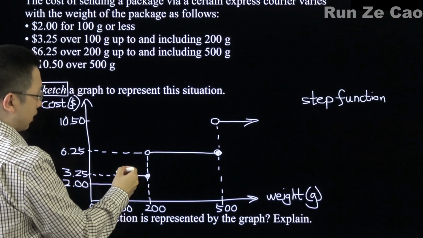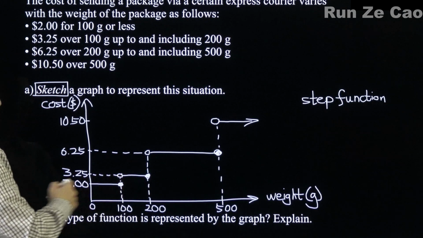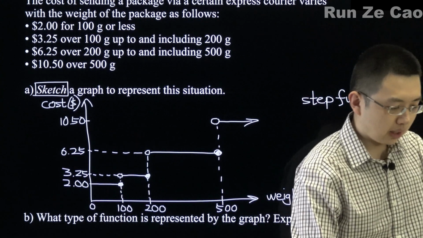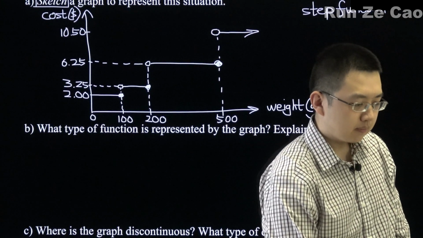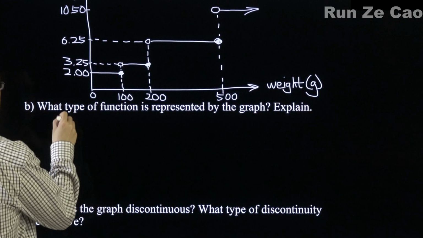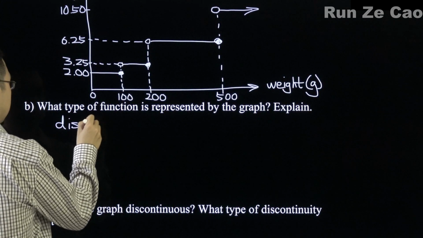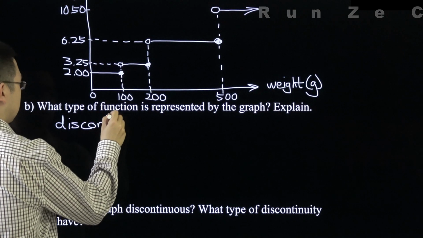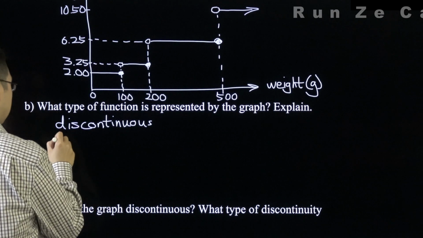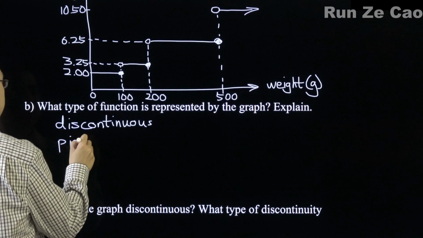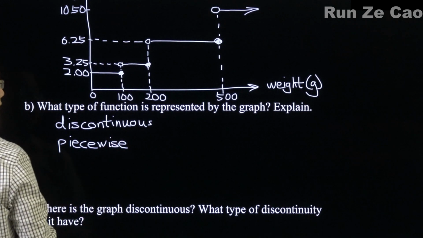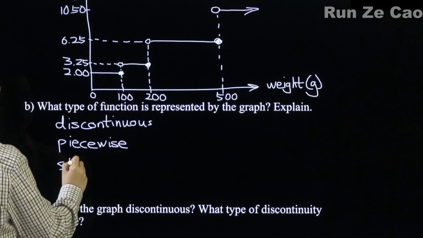Whereas coming from the right, you never reach that value before you have to jump down. So this is left continuous. What type of function is this? It is discontinuous. It is piecewise. And it is a step function.